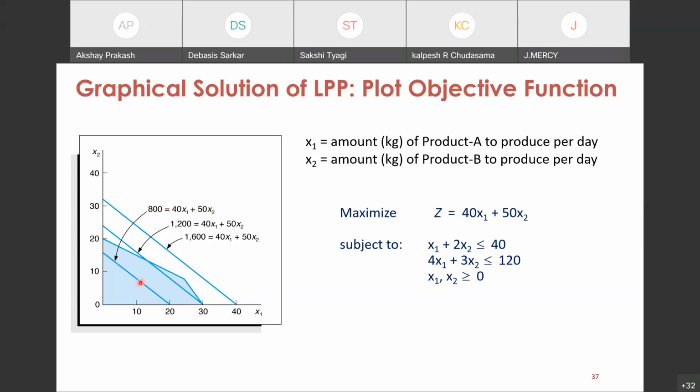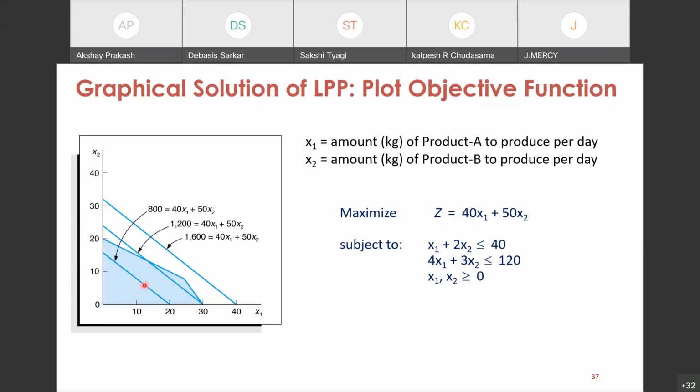Now you see that if I move in this direction, my objective function value increases. This line is for z equal to 800. This line is for z equal to 1200. This line z equal to 1600, so on and so forth. I want to maximize this, so I definitely will choose that line for which z is as maximum as possible.